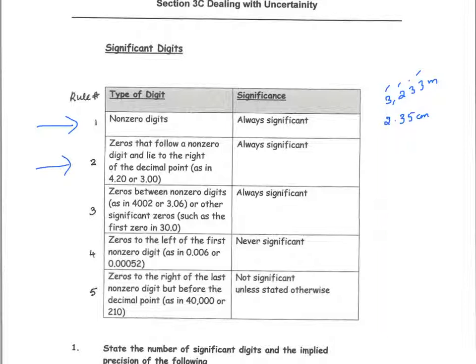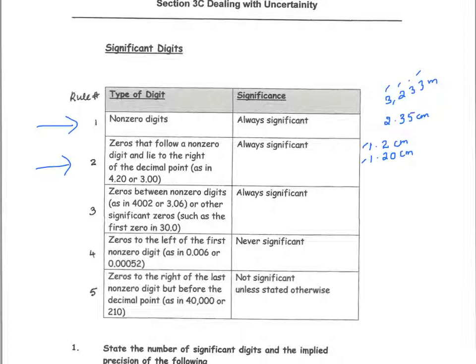Zeros that follow a non-zero digit and lie to the right of the decimal point are always significant. So suppose, for example, I have 1.2 centimeters. Now, I have another measurement which is 1.20 centimeters. So I'm doing a science experiment and I have these two measurements.